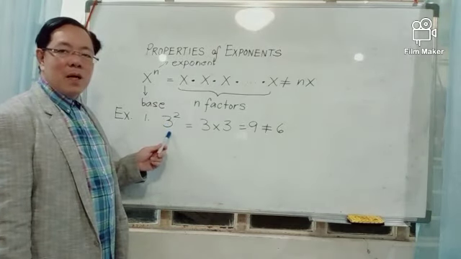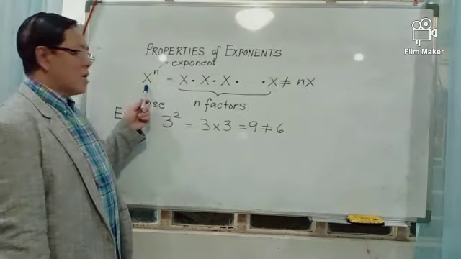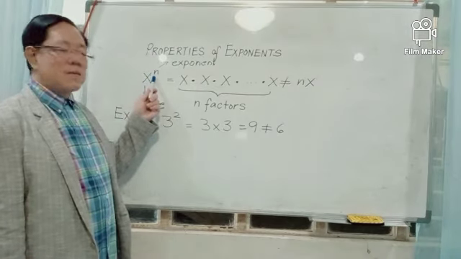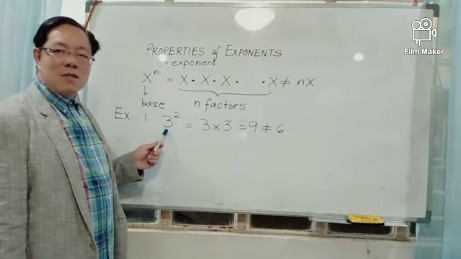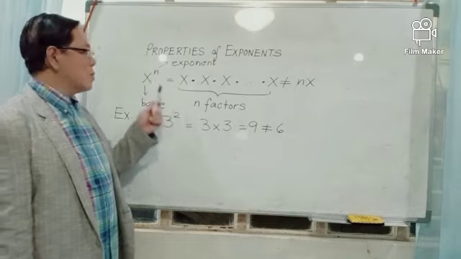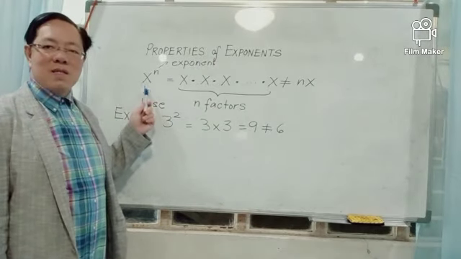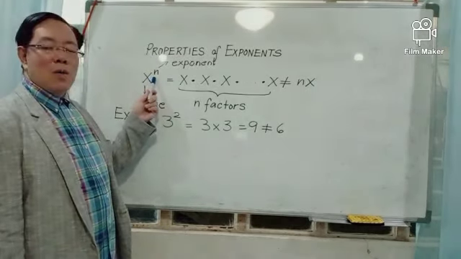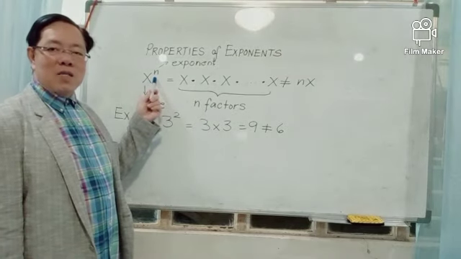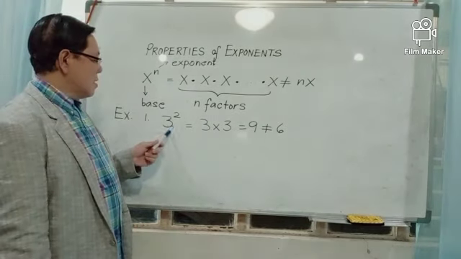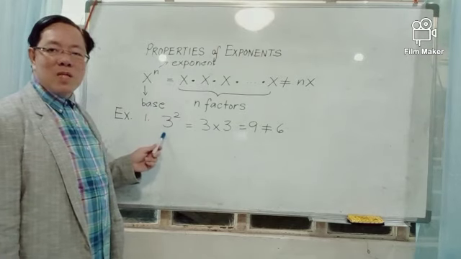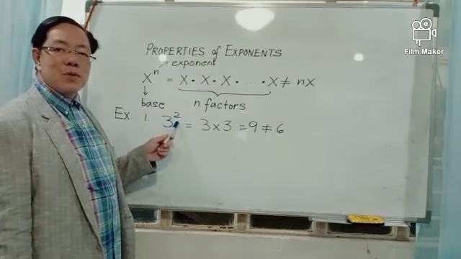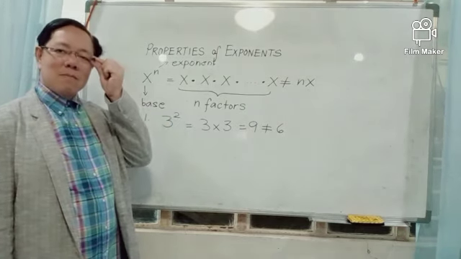Again, when you expand an exponential notation x to the n, such as 3 to the power 2, multiply the base by itself according to the exponent of the base. Hence, 3 squared, we multiply 3 by itself 2 times or twice.